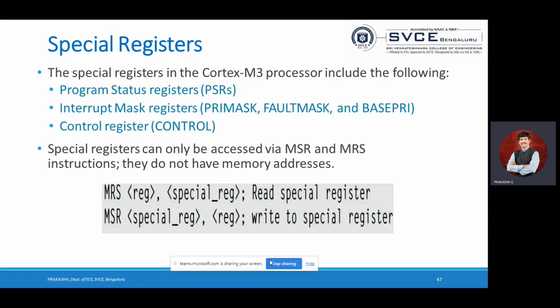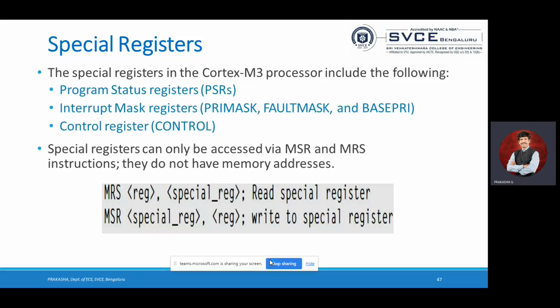They are given as a simple instruction prototype: MRS, register, special register. The instruction MRS, I always prefer writing the instruction in capital letters.